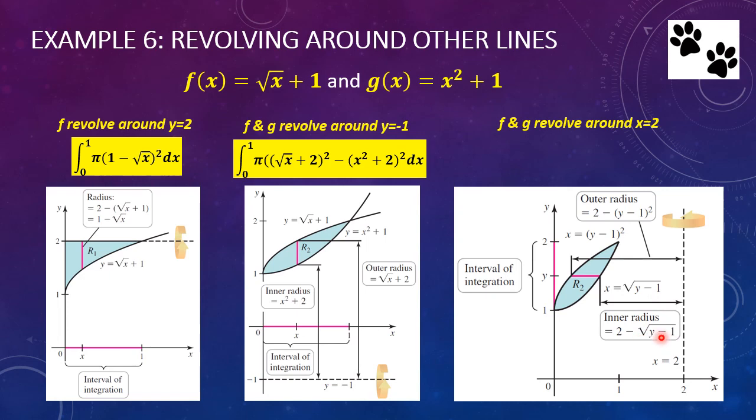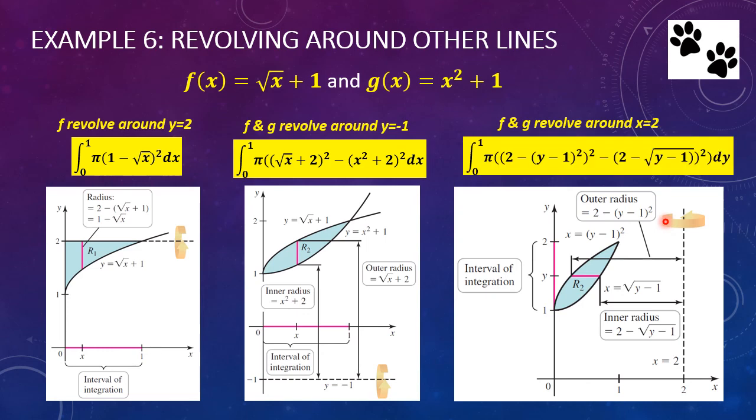Now be careful here, because intuitively you're used to revolving around y, and if we were revolving around y, what would have been the outer radius has actually become the inner radius, because we're revolving around x equals 2. And so here's the function that we would set up for that.